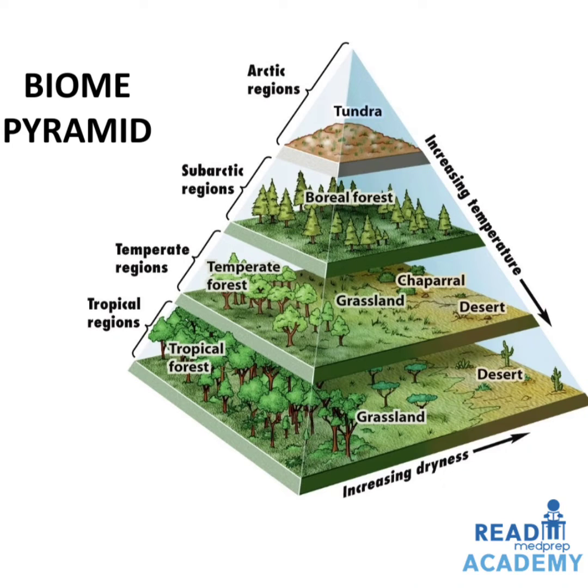Here you can see the tropical forest at the base, and the dryness slowly increases in the grassland and in the desert. In the temperate regions, you have the temperate forest, and the dryness increases in the grassland, in the chaparral and the desert. In the subarctic regions, you can see the boreal forest.